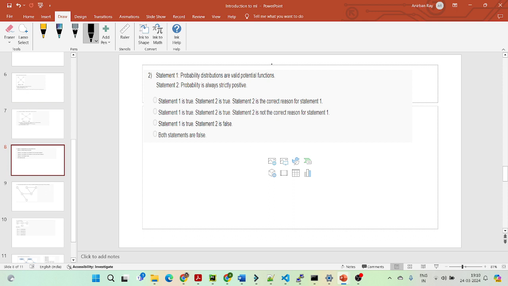Okay. So this is from theory that a probability distribution can be represented as valid potential functions.